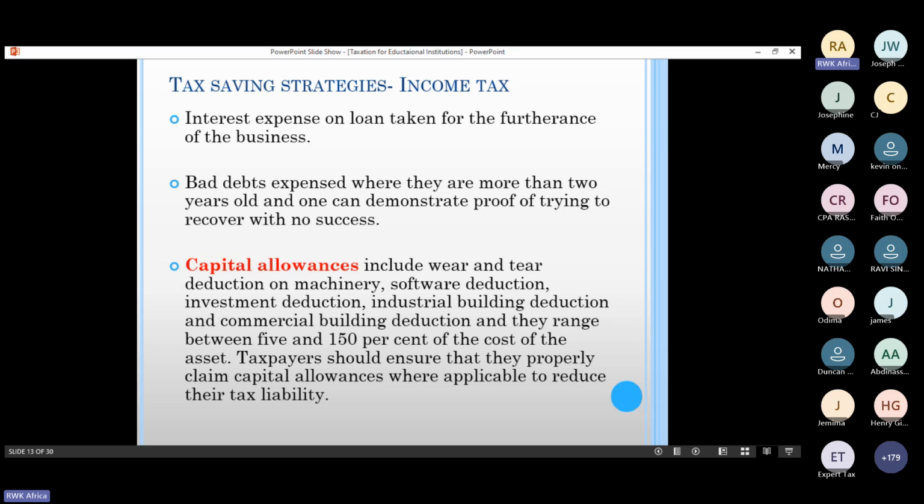So they will also request the bank statement, show them that transaction in the bank that relates to that expense. So during the KRA audit, some of the taxpayers end up with their expenses being disallowed due to the lack of support documents, and this will contribute to a higher tax to pay. So it's also another saving strategy to ensure that all the expenses that you have declared have support documents.